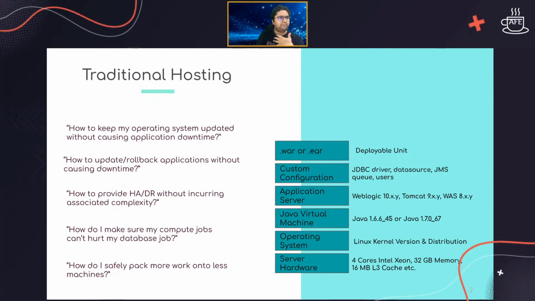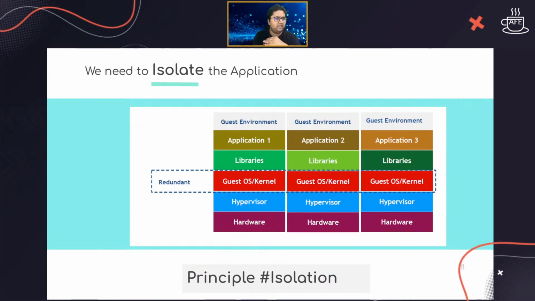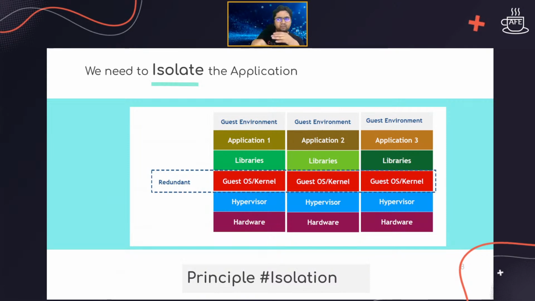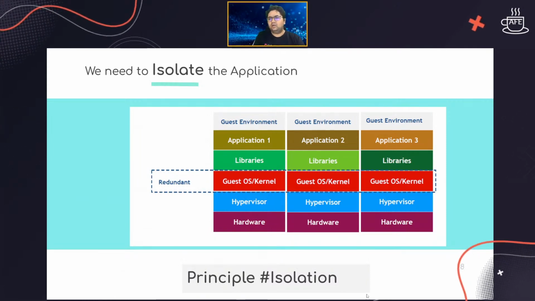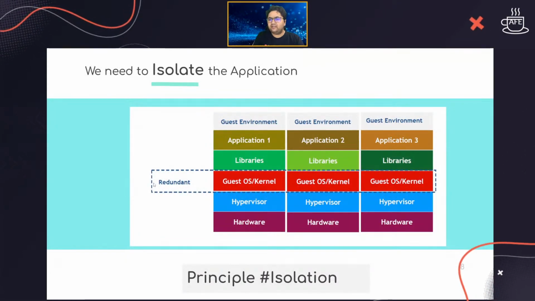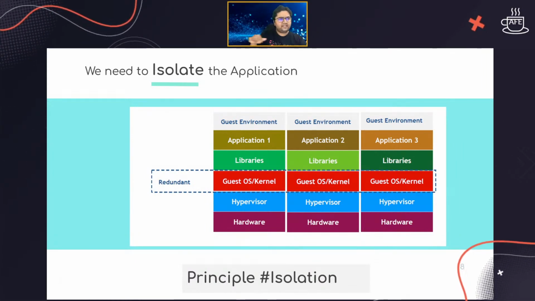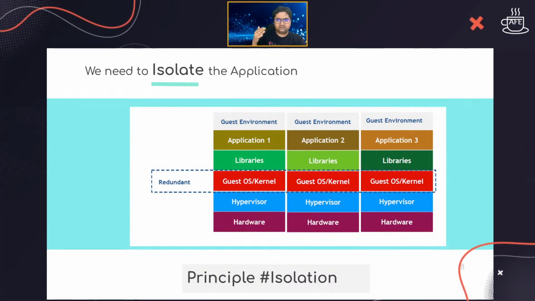So that's some premise building. Now, one of the principles that led to the evolution of the container ecosystem, and I'm just going to skip the slides in between because some of them are not so important. If you think about it, this layer had a lot of redundant guest operating systems. So if you have three virtual machines, you need to have three different guest OSs, right?